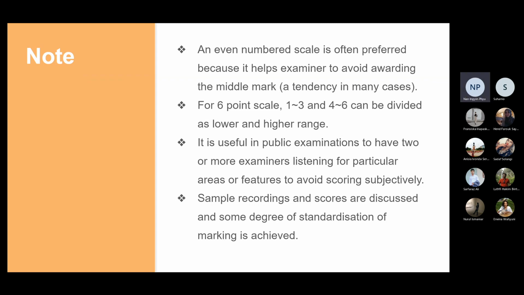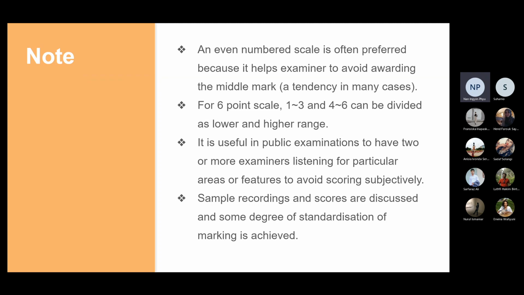In that way, the examiner can avoid awarding the middle mark. For example, if the scale is 1 to 5 and the student gets 3, can we consider this the lower range or the higher range? It's really ambiguous.